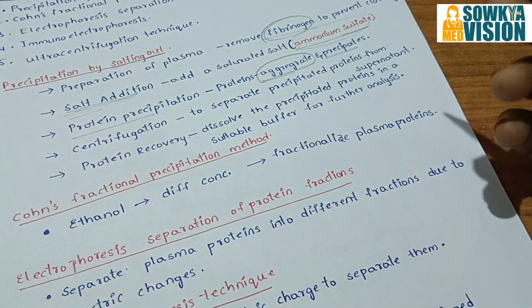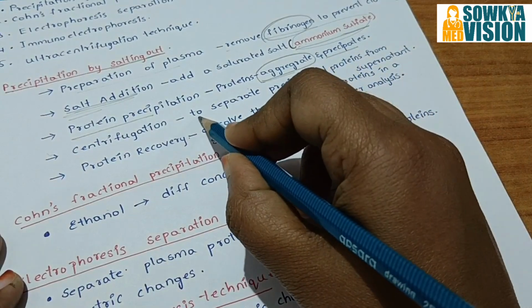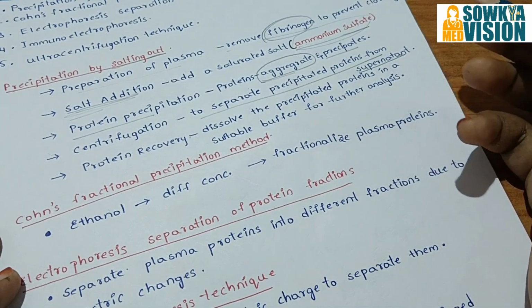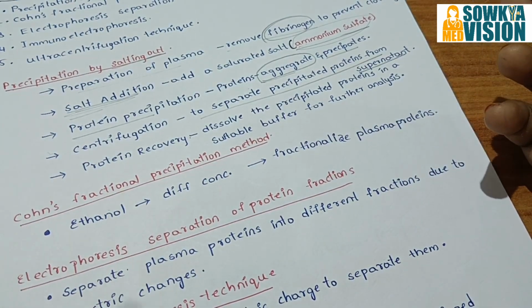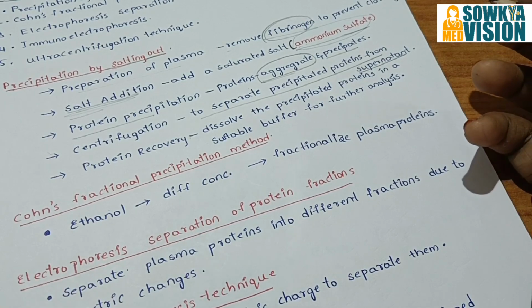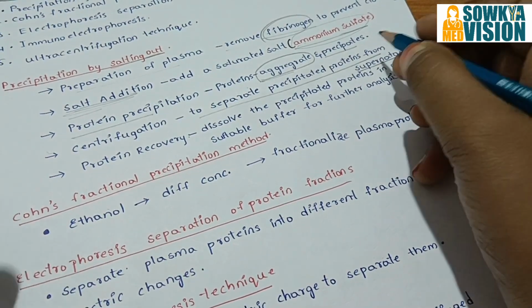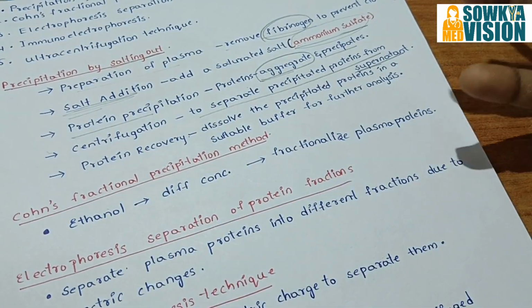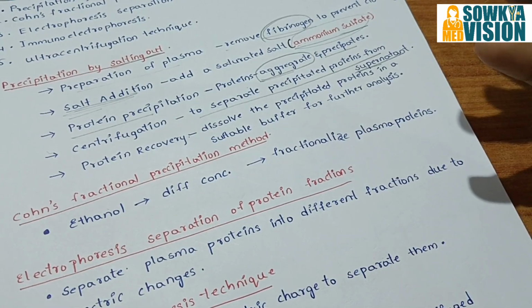Then they are centrifuged to separate the precipitated proteins from the supernatant. The proteins are recovered again for further analysis.